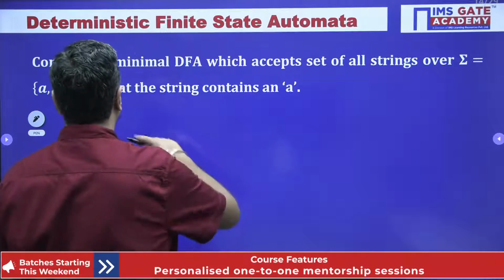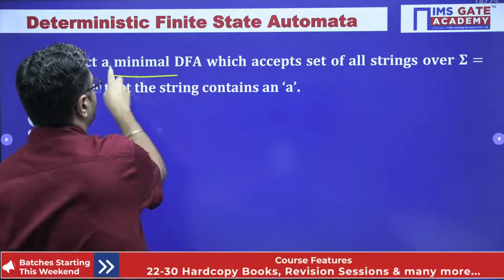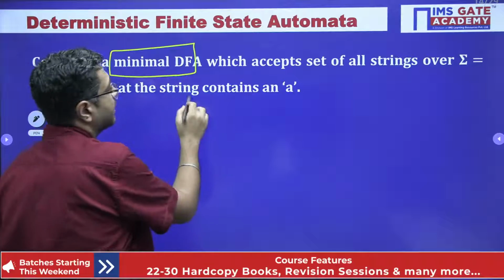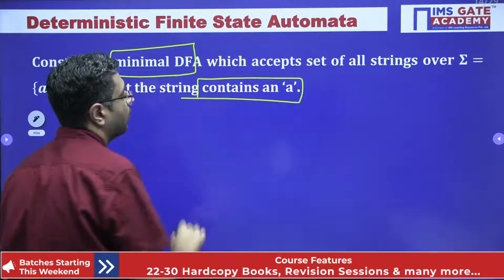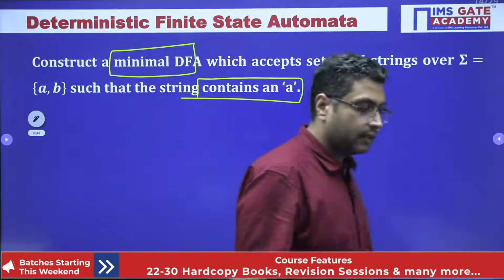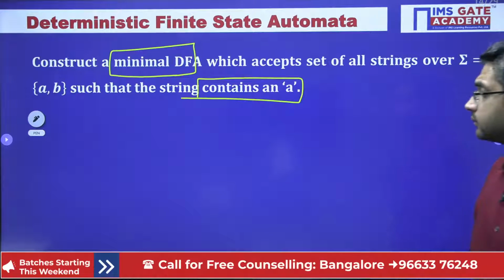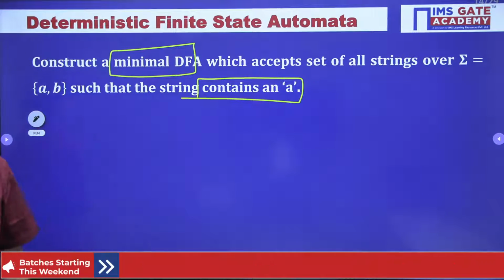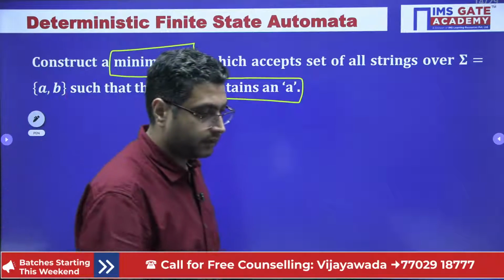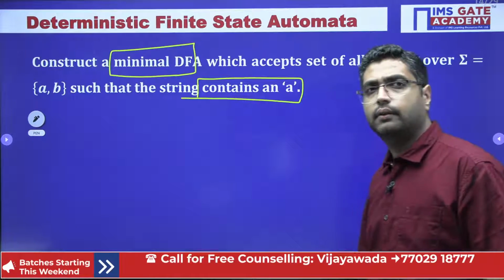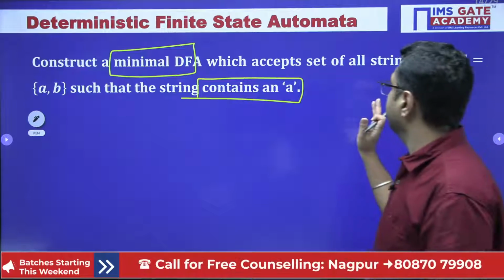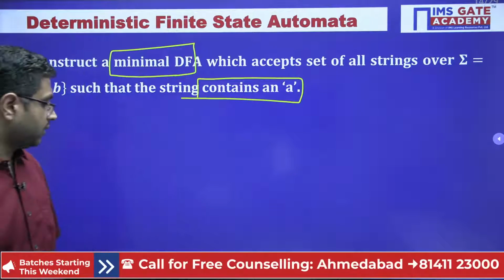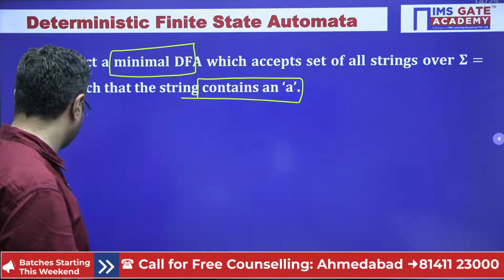We'll discuss it again. Let's say this one. Construct a minimal DFA which accepts set of all strings over sigma equals to a comma b such that the string contains an a. What to do in this case? Let me give you a timer for 1 minute to solve this, and then I'll discuss the solution.